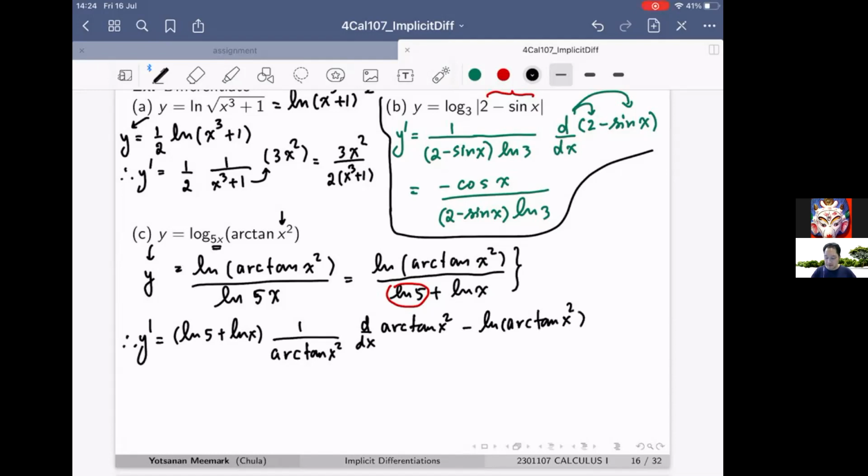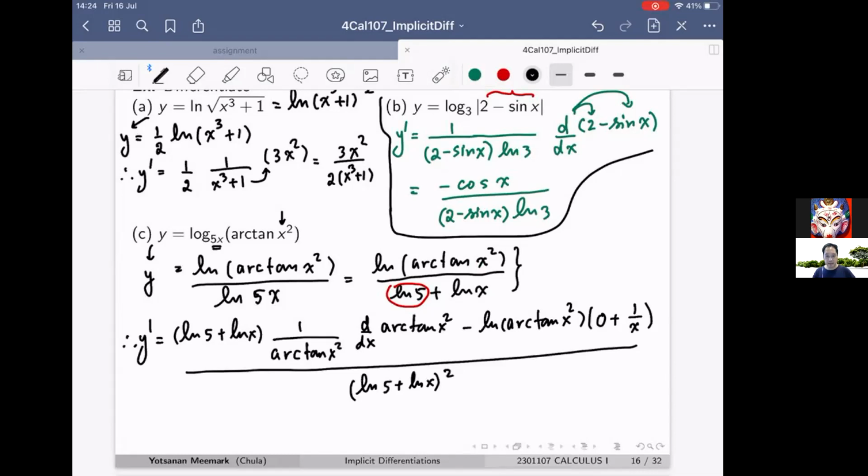The derivative of log 5 is 0, and the derivative of log of x is simply 1 over x, all over your bottom squared. If you want, you can just copy this one, log of x, and then over the arctangent of x squared.